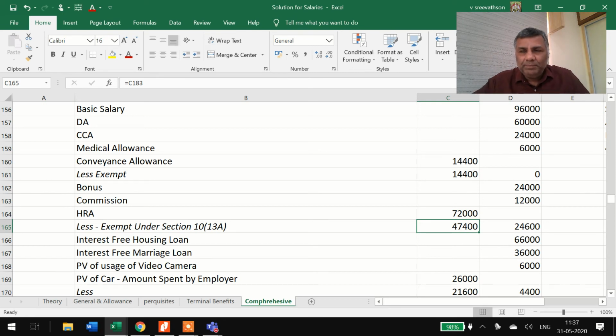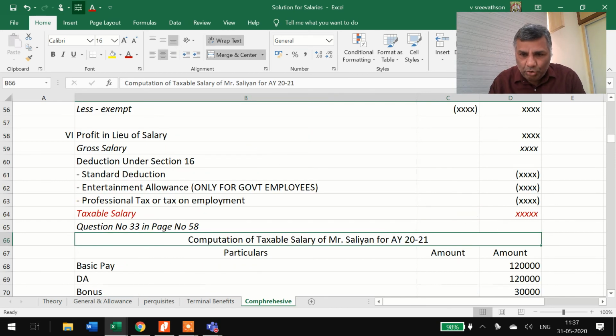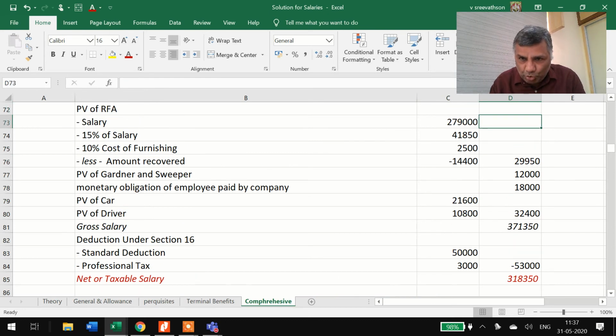Okay. Sir, so if commission is not given as a percentage, we will not take it at all? For HRA computation, I will not take it. If you remember, my dear friends, when we worked out the first question, we took the salary for the 15% calculation as 2,79,000.